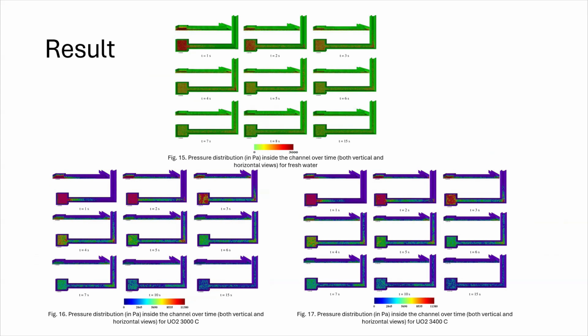The highest pressure is at the dam, at the wall, and in the 90-degree band. It can be like that because of mass concentration there.